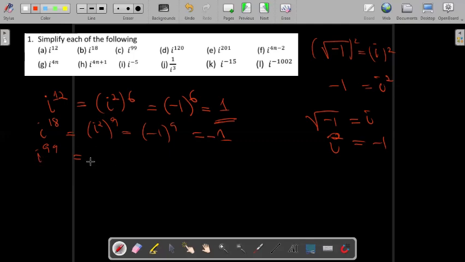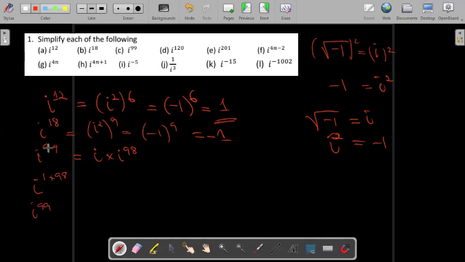So you notice that i multiplied by i to the 98 is the same as i to the 99, because the rules of indices say when we are multiplying with the same base, you keep the base and add the powers. i here has the power 1, so adding it to 98 gives me i to the 99.